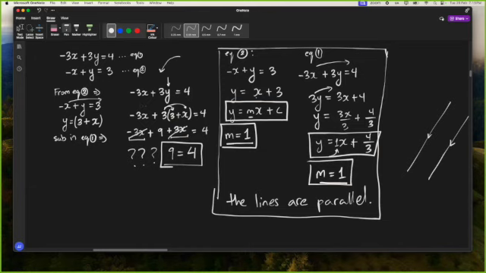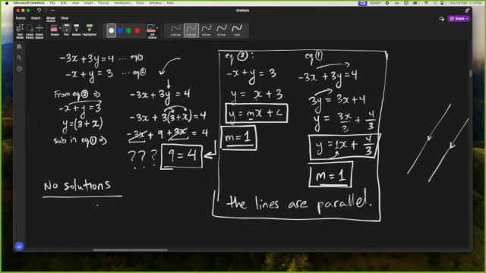But when you solve simultaneous equations and you reach this point, the answer here is no solution. The lines do not intersect, and therefore they do not share that one point of intersection.